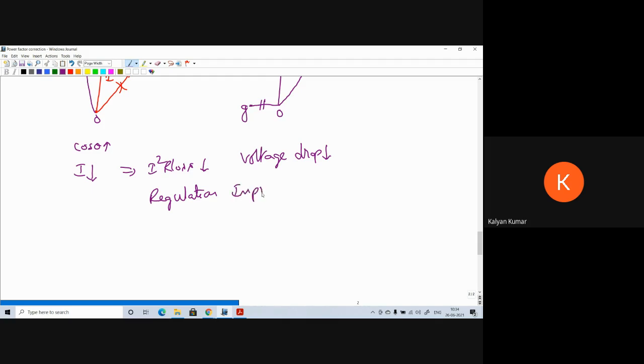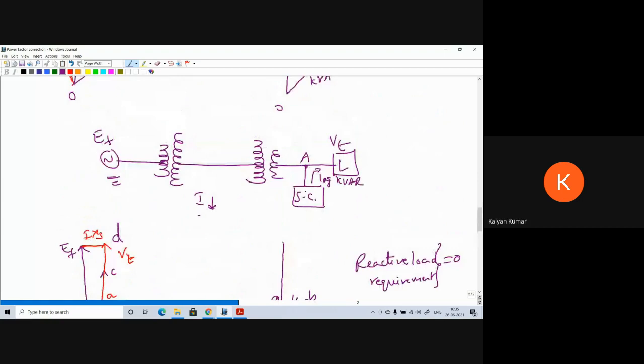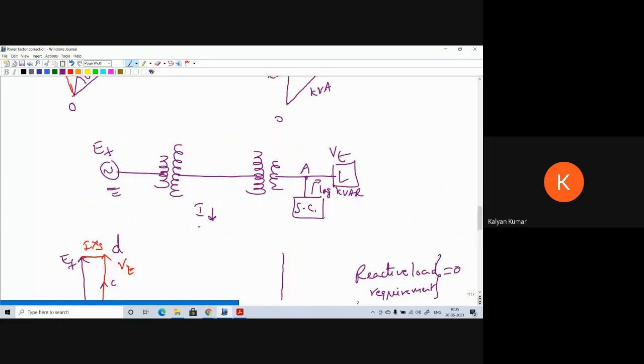Regulation improves and performance of utility devices improves. So these are the benefits that we get by connecting a synchronous condenser at the load center.